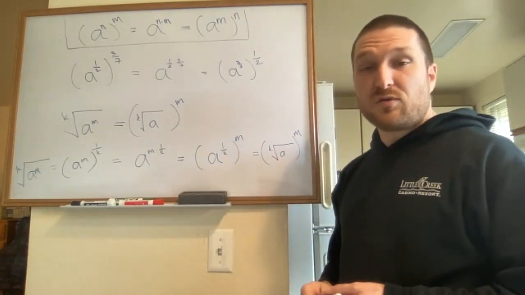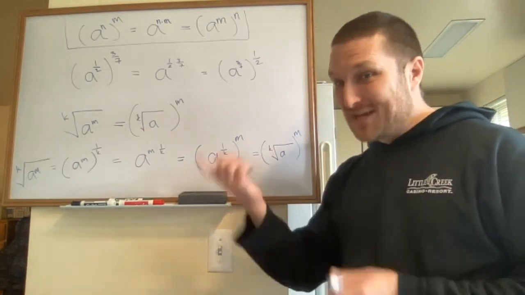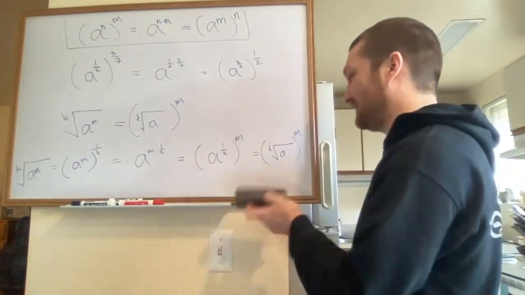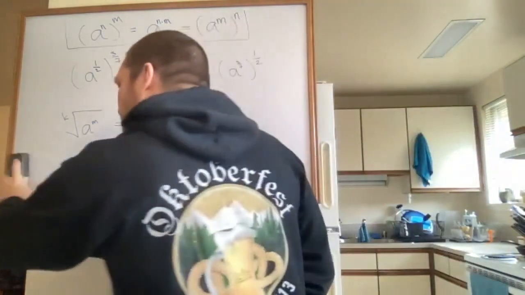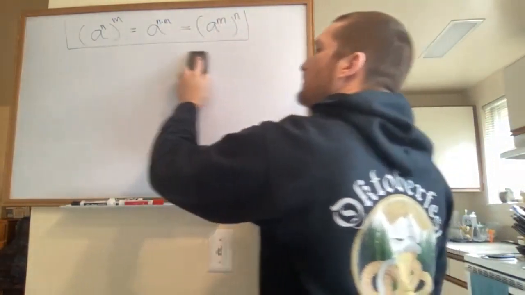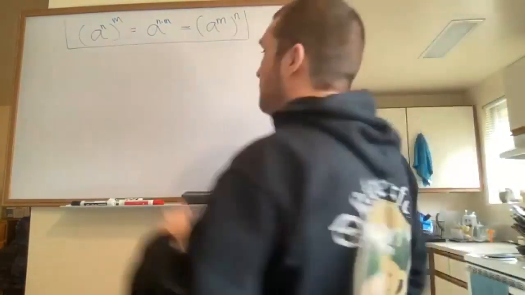Just on your homework, do it however you want. I would like to see you change them into fractional exponents, because that's the name of this game. But here's the idea. So here's one of them, number 2.